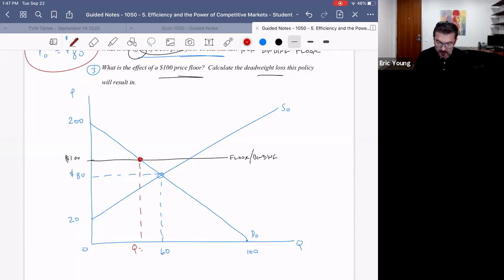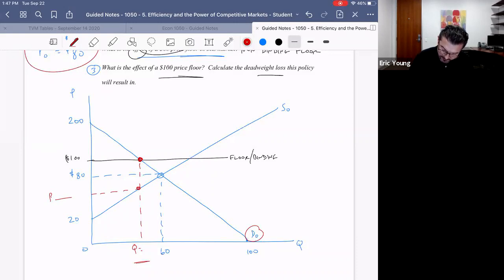We're also going to notice that at this new Q, it's going to hit the demand curve at 100. That's easy. But we have to figure out right here what that is. Remember, we're calculating a triangle, so we have to know the extreme ends of it. Let's figure it out, and then we'll be set.